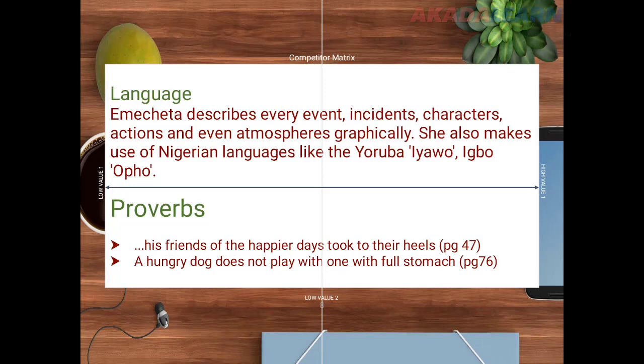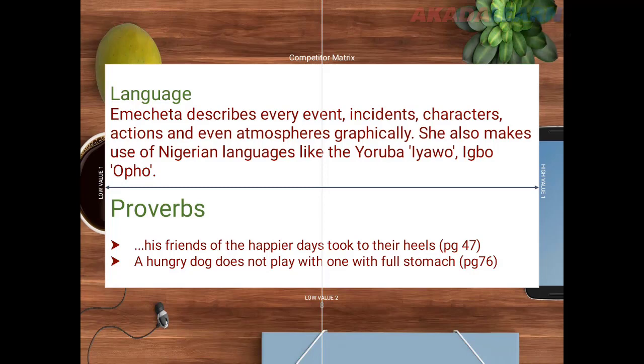She also makes use of Nigerian languages like the Yoruba Iyawo and the Igbo Ofo. So you see there's a picture in your head. You'll be able to recreate the story in your head using every single distinct descriptive image that she used in the book.